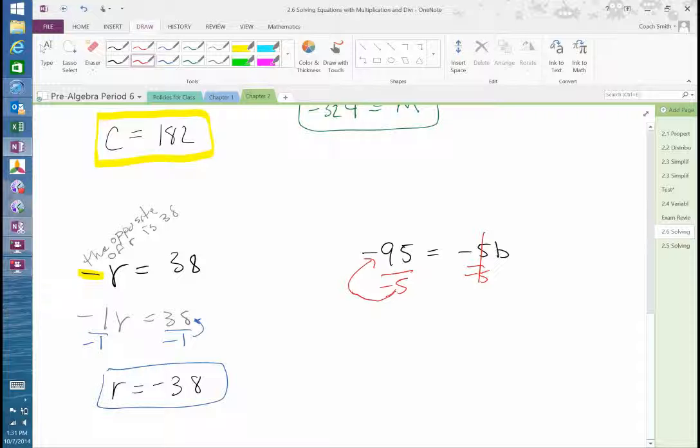Two negatives, so that gives me a positive 19. So B is equal to positive 19.